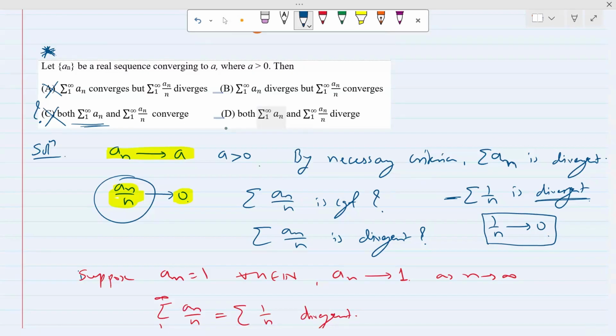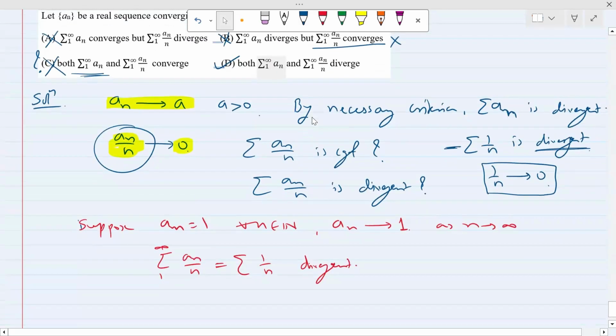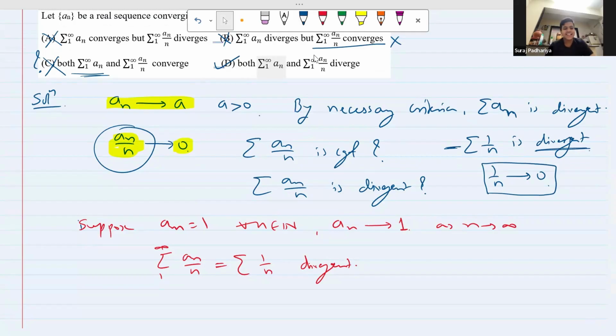What I want to say is that this is not correct: all the time an by n also diverges. Whenever you have a sequence an converging to a, this series also diverges. Is it possible to prove? Am I audible to all of you? Yes, sir. It should be possible to prove, but we are not getting any way to prove it.